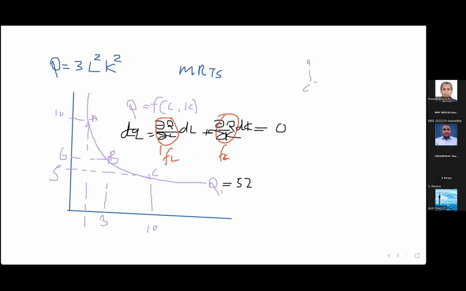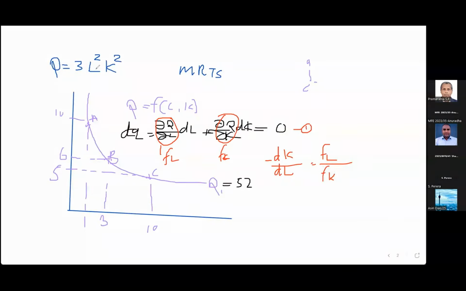Now you can see from this equation number 1, you get minus dK divided by dL equals FL divided by FK. FL means the marginal product of labor, divided by FK, the marginal product of capital.